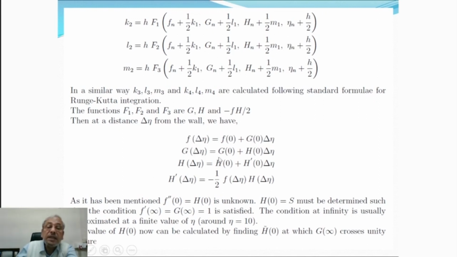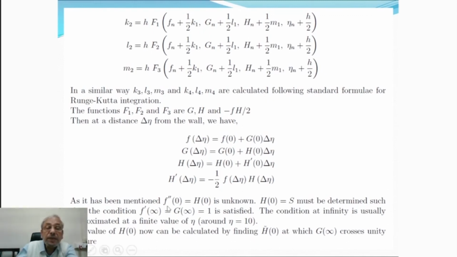Similarly, g delta eta equal to g at 0 plus h0 into delta eta. So h delta eta equal to h0 plus h prime 0 delta eta. So this way we can perform the Runge-Kutta integration.